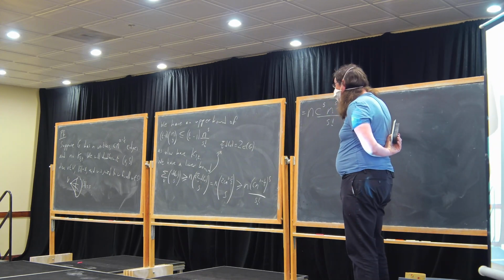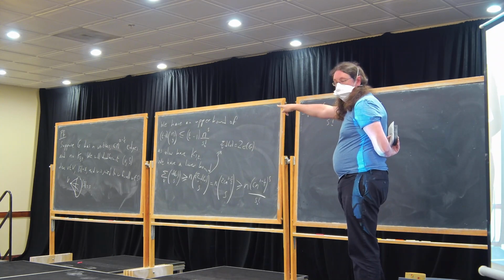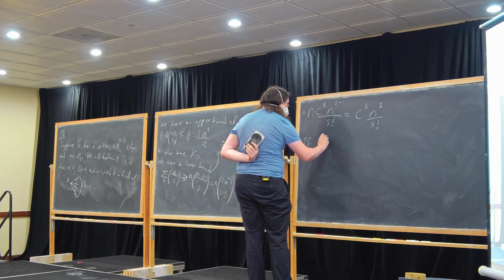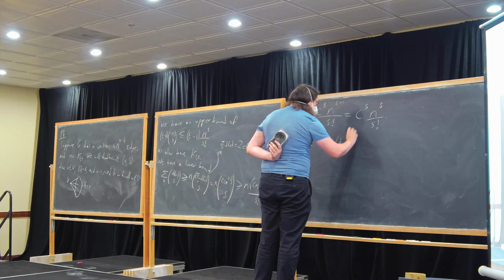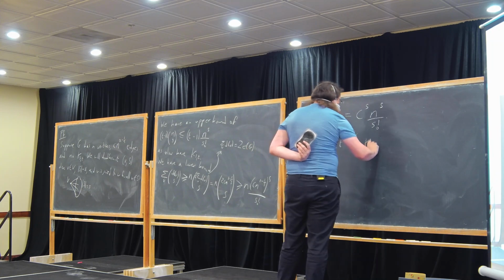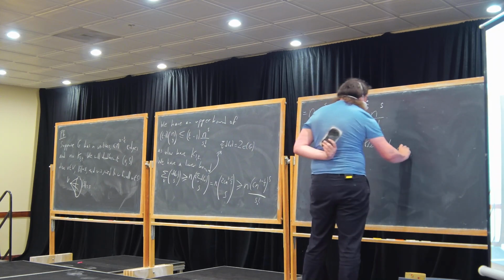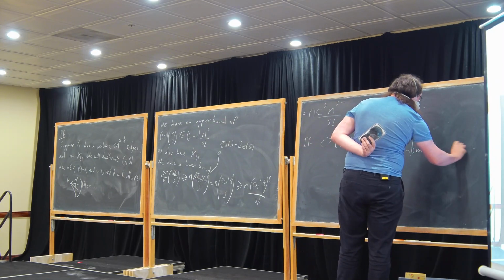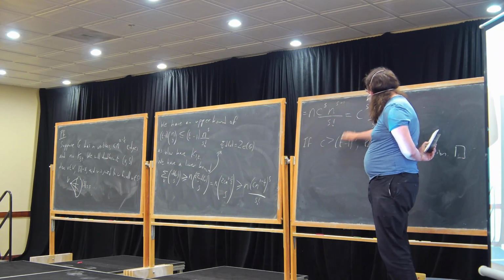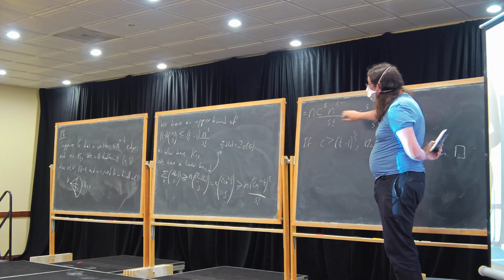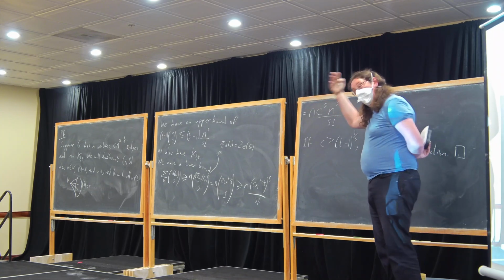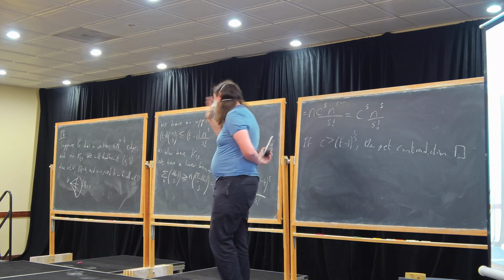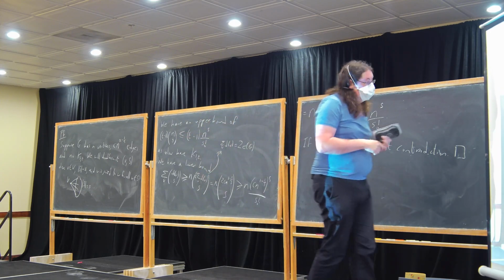If c is greater than t minus 1 to the 1 over s, then we stick that in here and get that this is bigger than t minus 1, but that's bigger than the upper bound. So the original assumption that we don't contain a K_{s,t} must not have been true. Okay, so that's basically the proof.